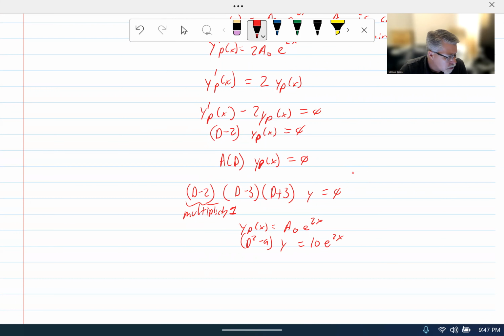So now we're going to take some derivatives here. We're going to say that yp prime of x is equal to 2 a naught e to the 2x, and yp double prime of x is equal to 4 a naught e to the 2x.